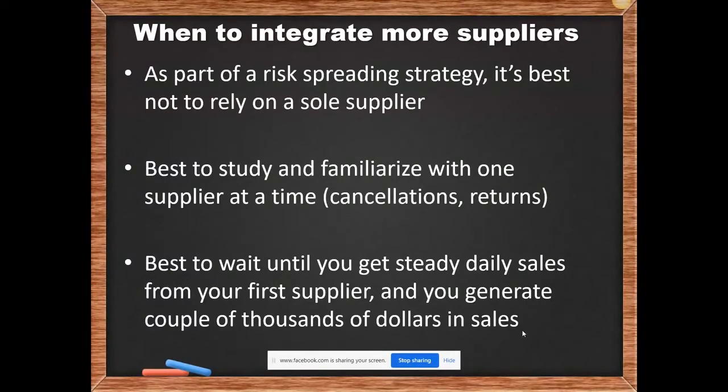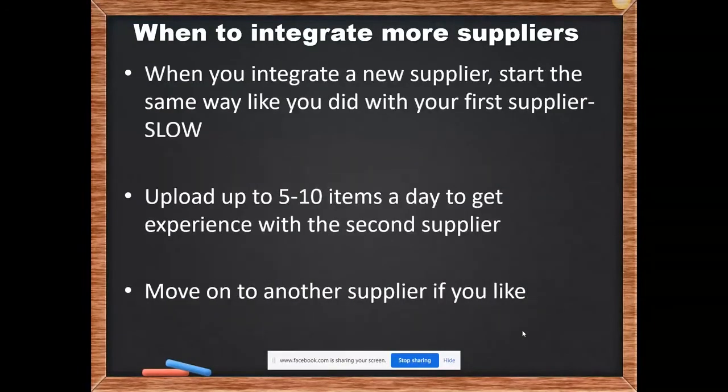But even when I got to the $500 benchmark and opened a new store, I still wouldn't integrate a second supplier. I'll wait until I have $1K, $2K, maybe 3K, when I've really come to learn Amazon, and then I will go on to Walmart.